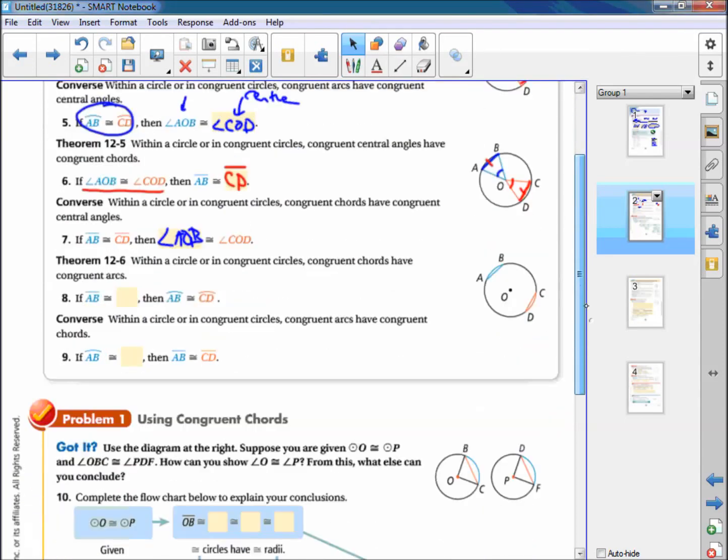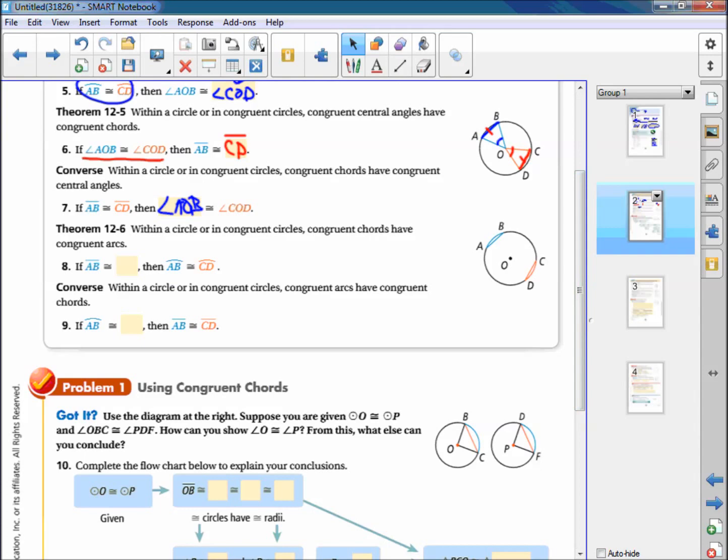All right, and then our last theorem says, within a circle or in congruent circles, congruent chords have congruent arcs. So if the chords are the same, so this chord CD is going to be congruent to this chord AB, then their related arcs will also be the same.